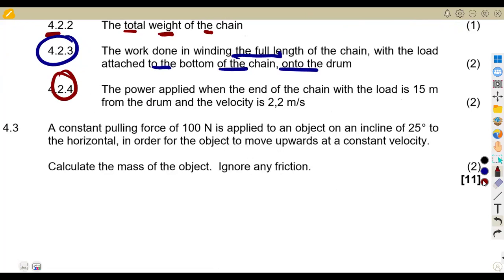The power applied when the end of the chain with the load is 15 meters from the drum. I talked about this when I was saying we have to consider the distance, the top distance. If you still remember, you calculate the total force times velocity, but for the force of the chain, you consider the top distance.